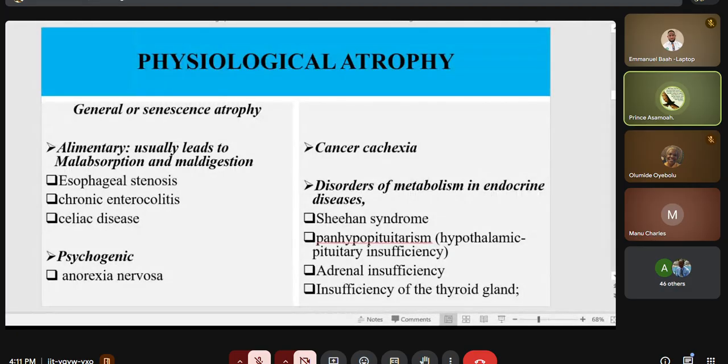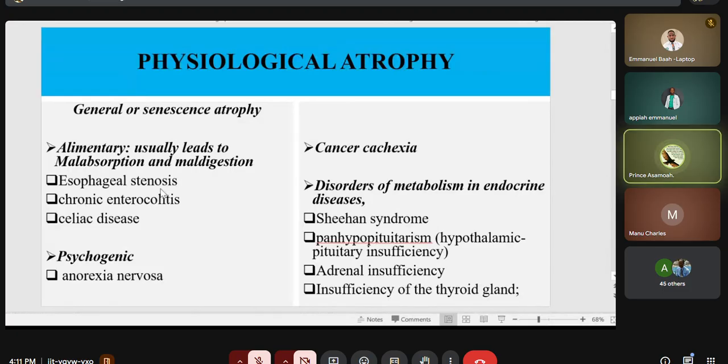Sir, can you look at the celiac disease? Okay, the celiac disease. It's an interesting finding.